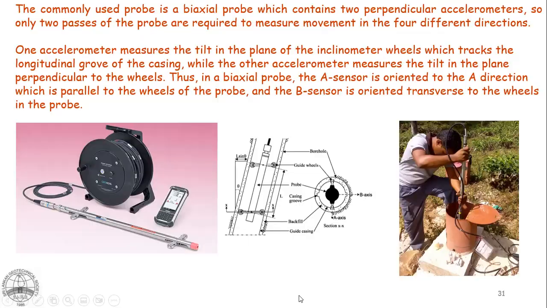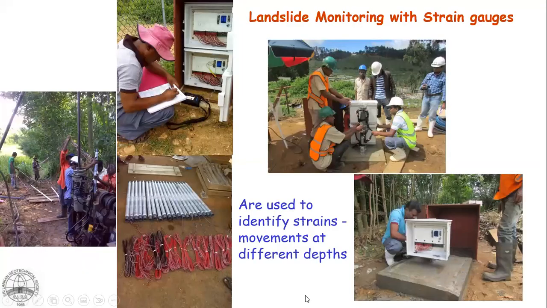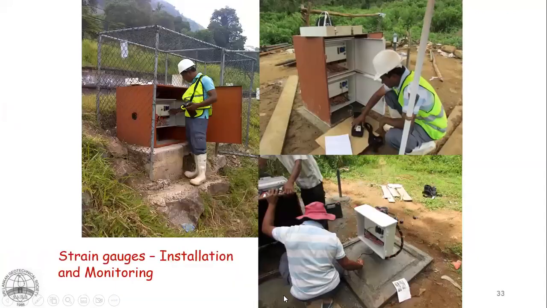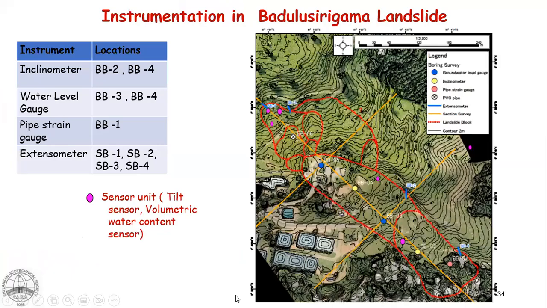So it cannot be done remotely. Then these are strain gauges, which are installed at different depths after drilling. So strains at different levels can be monitored by these strain gauges. Right? This shows installation and monitoring of that.